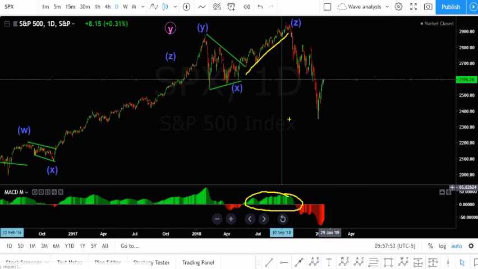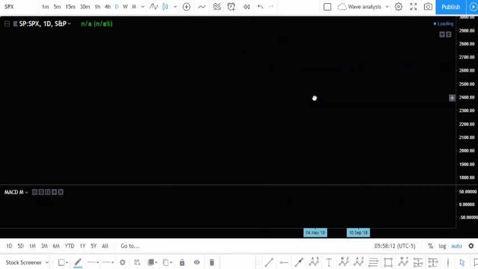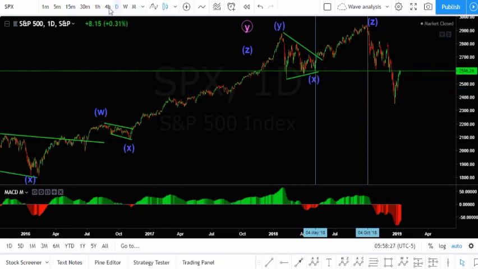So let's take our last daily move, and it will be basically this move over here. So let's mark that, and then we can go and label that in the 4 hour. And let's get the top. There's the top. Okay.